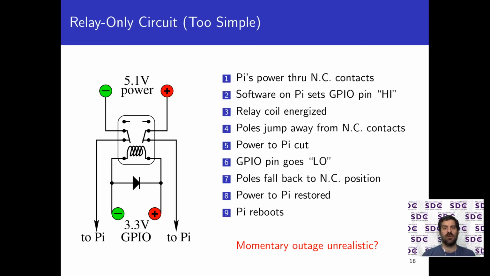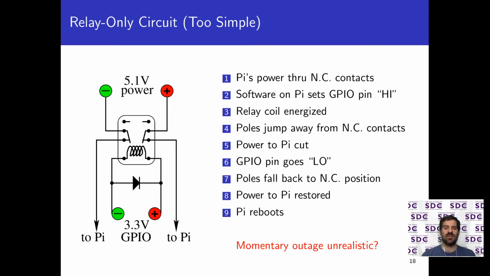We route the Pi's power through the normally closed contacts, so when the coil isn't energized, the Pi receives power. 2 of the Pi's GPIO pins, under the control of software running on the Pi, can energize the relay's coil, which causes the contacts to jump away from their normally closed position, which cuts power to the Pi, which de-energizes the relay coil, which allows the poles to snap back to their normally closed position, which finally restores power to the Pi. It turns out that the momentary power interruption caused by this circuit reliably triggers a reboot.